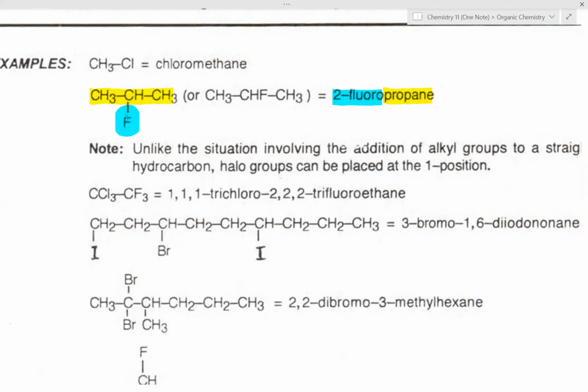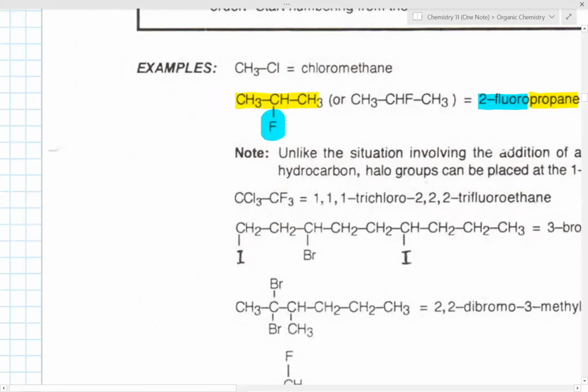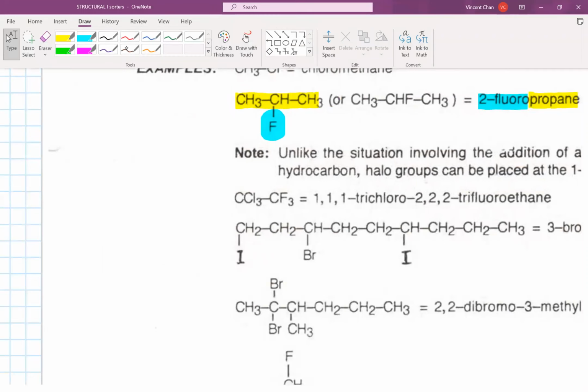For example, CCl3, CF3, it's 1,1,1-trichloro-2,2,2-trifluoroethane. Now, how does that look? It would look something like this.